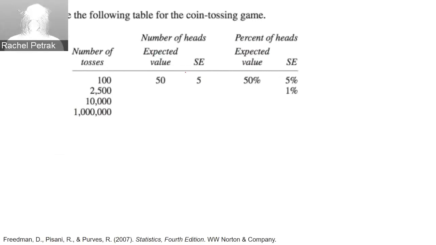How did we find those? Well, the expected value is the average of the box. The box here, well, what is the box? You tell me. What's our box model look like for this coin tossing game?